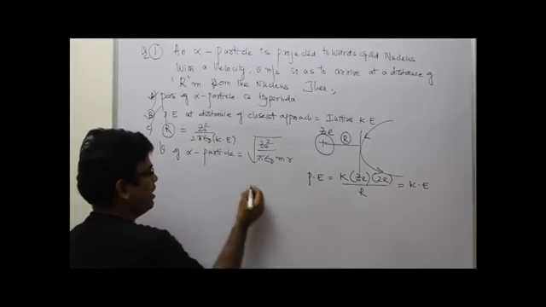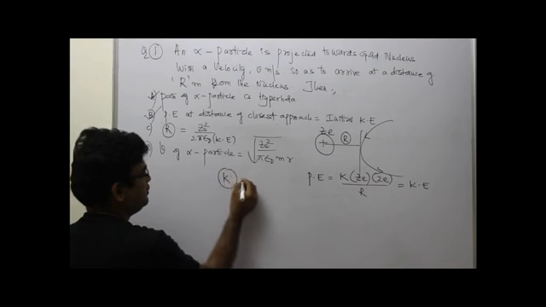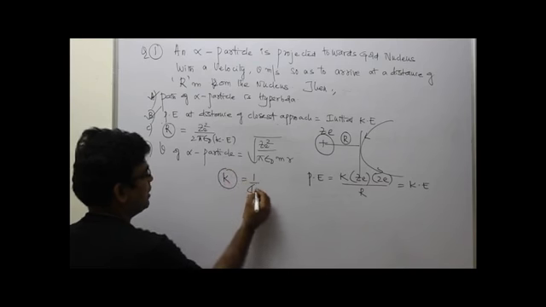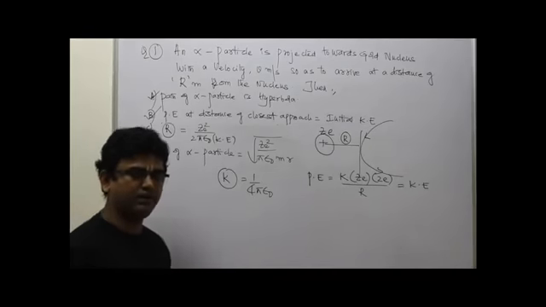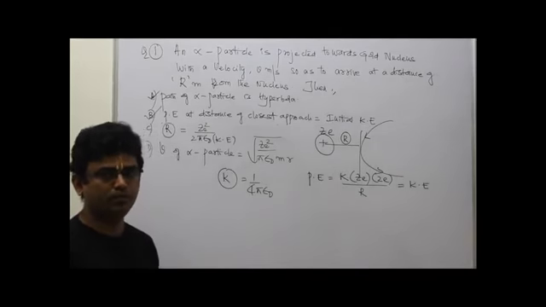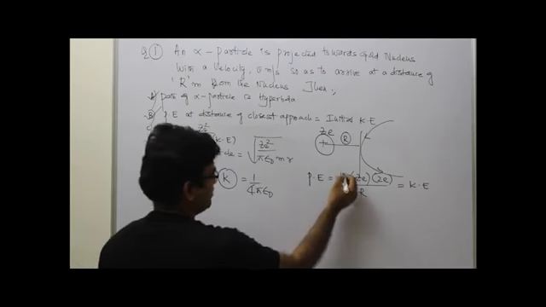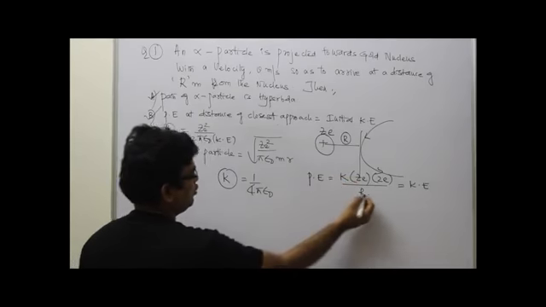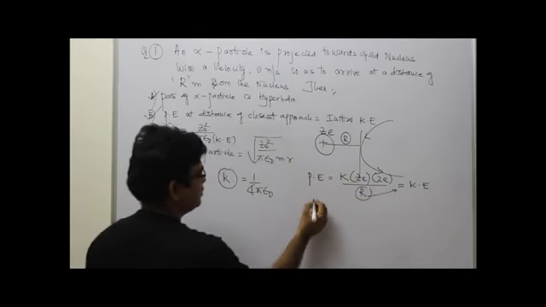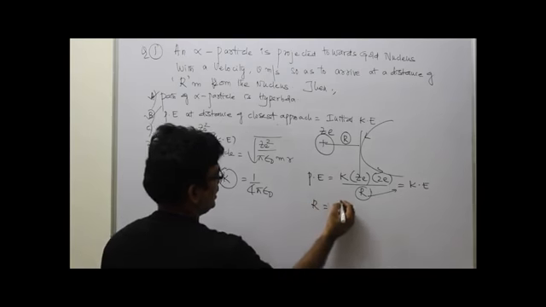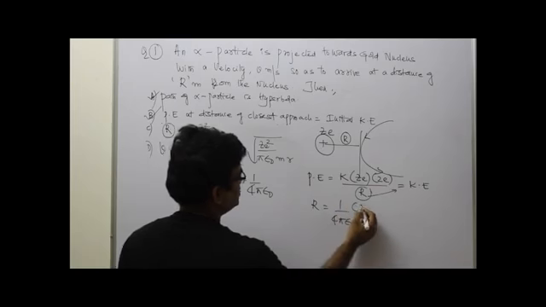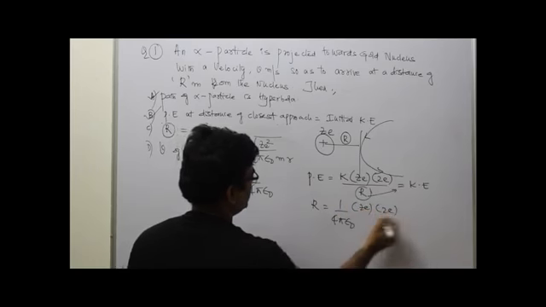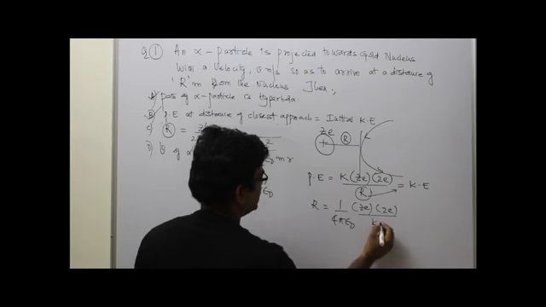Now, the value of K is equal to 1 by 4 pi epsilon naught in SI system, and also the medium between the two charges is air or vacuum. Then substitute the value of K, you will get R is equal to K times, that is 1 by 4 pi epsilon naught into ZE into 2E by kinetic energy.